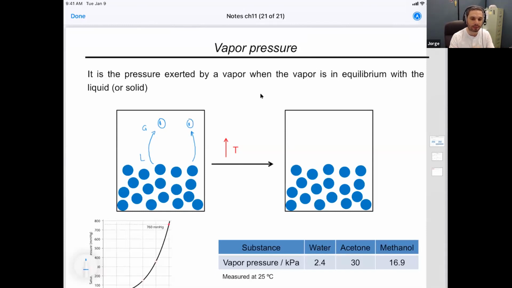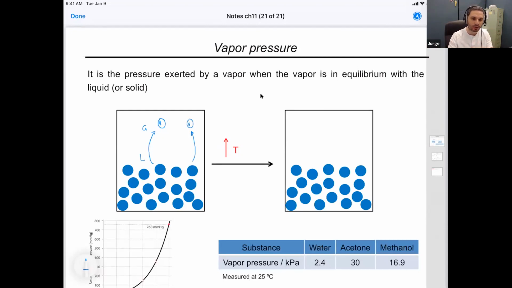If you leave a wet cloth outside on a warm day, after some time it will be dry because of the evaporation process. Some molecules, especially at the surface, have enough energy to escape the liquid and become a gas, or a vapor.